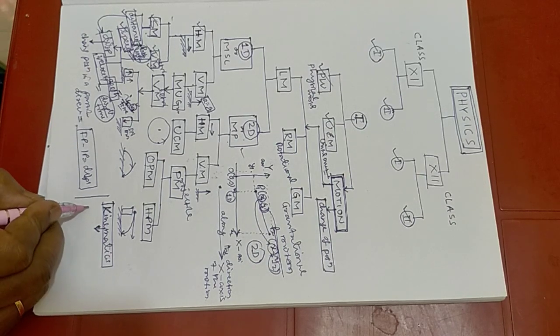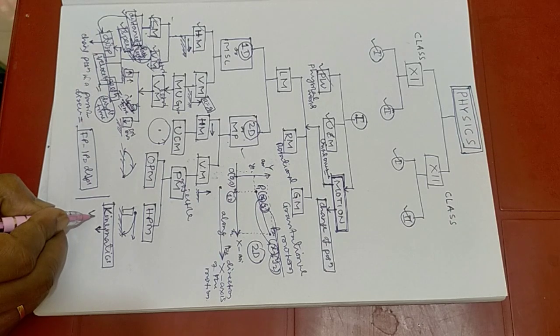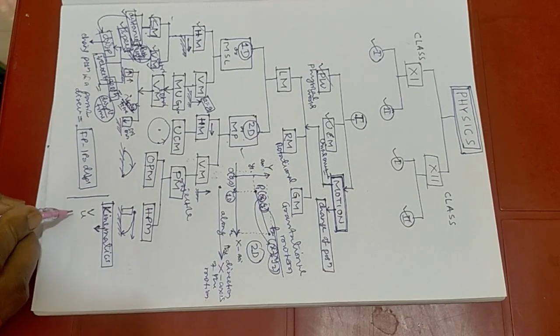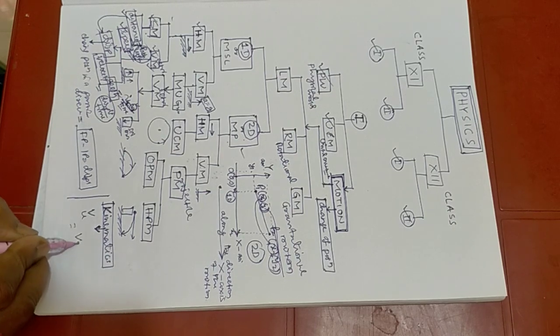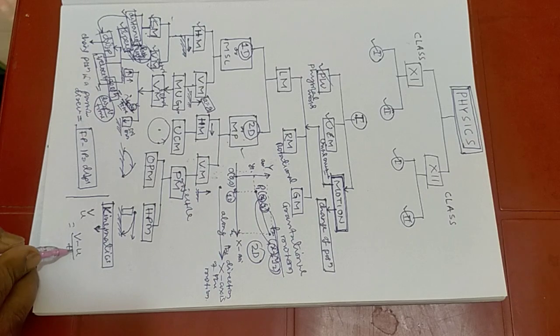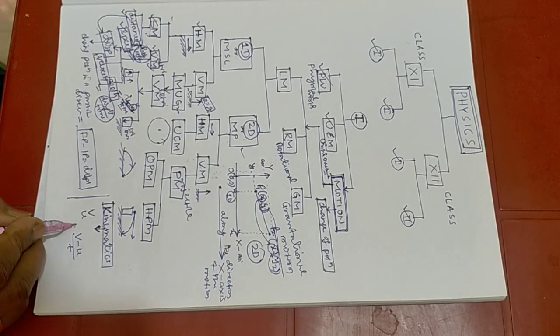If final velocity is v and initial velocity is u, the change in velocity is v minus u. The rate of change in velocity is (v minus u) by t, if t is the total time taken.